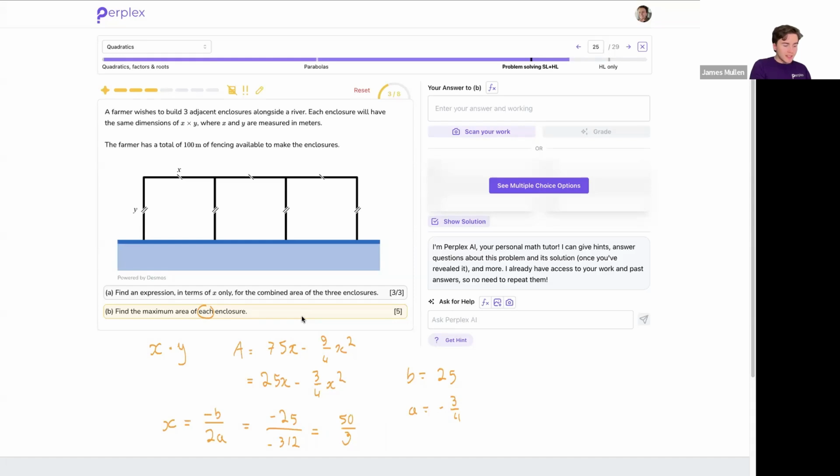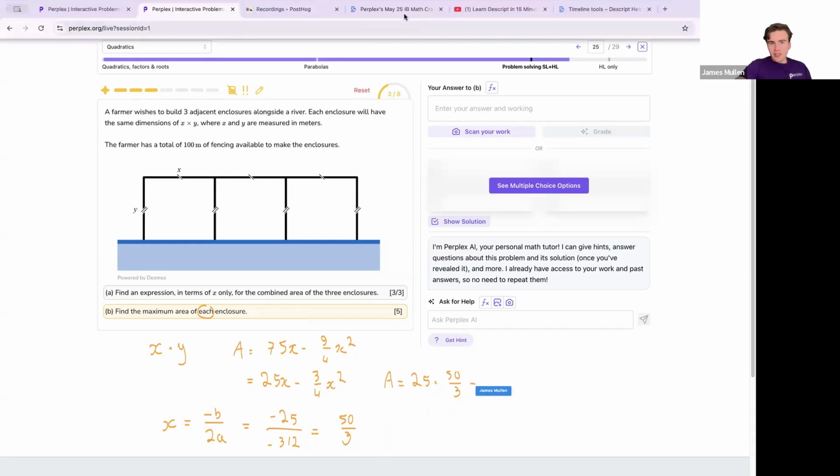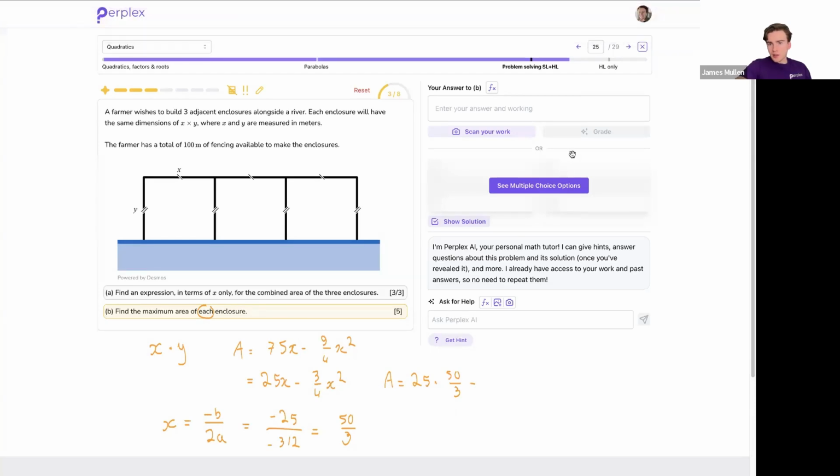But it's not yet the actual maximum area. To find that, I'm going to have to plug this value of x back into my expression for the area. So if I do that, I'm going to get my area is equal to 25 times 50 over 3 minus, and I'm just going to reset this share so that you can actually see what I'm doing.